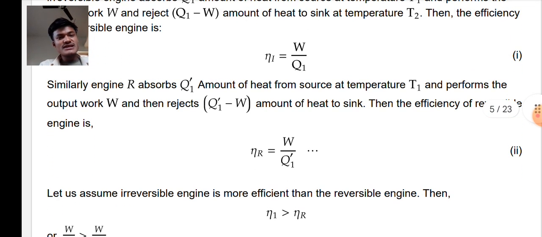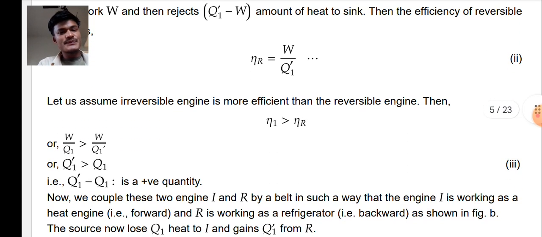Similarly, engine R absorbs Q1 dash amount of heat from the source at temperature T1, performs the output work W, and rejects Q1 dash minus W amount of heat to the sink. The efficiency of the reversible engine is eta R equals W by Q1 dash. That is equation 2.